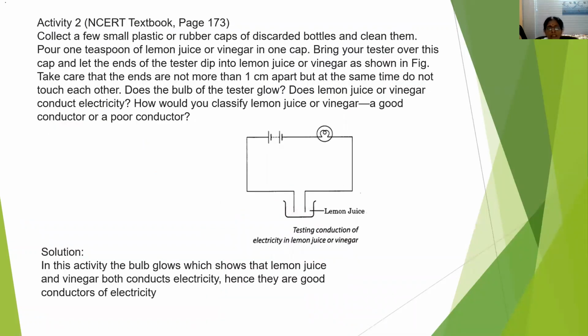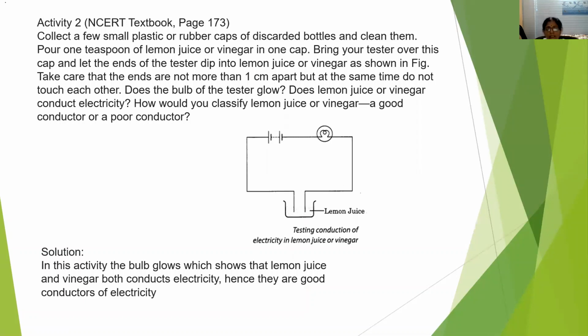Now the next activity is about testing the conduction of electricity in lemon juice or vinegar. We have to take a small plastic cap of a used bottle and clean it. Pour 1 teaspoon of lemon juice or vinegar in the cap, and keep the tester over this cap. The ends of the tester should be dipped in the lemon juice or vinegar as given in the figure.